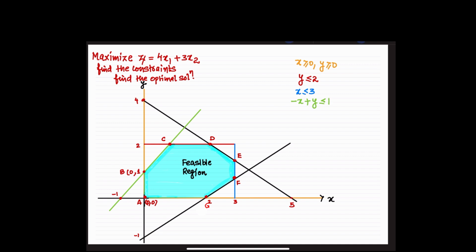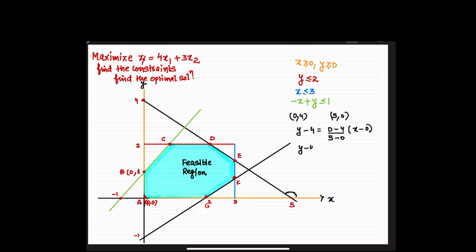Next, focus on this line. To find this line you need 2 points. One is this point from where it passes and one is this point. The points are (0, 4) and (5, 0), and its slope is negative because the angle is greater than 90 degrees. So let's find the equation: y minus 4 equals (0 minus 4) by (5 minus 0) into (x minus 0).